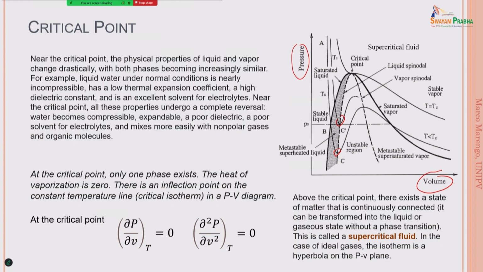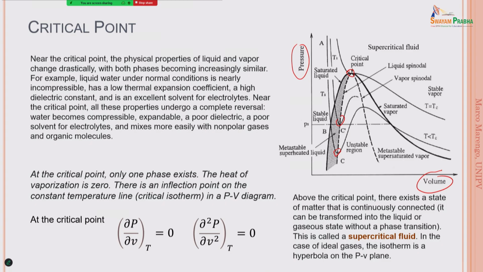At this point there is also an inflection point. You see that it's going to have a minimum, but at this point there is only an inflection, so the second derivative is 0. At the critical point, the partial derivative of the pressure with respect to the specific volume is equal to 0, but also the second derivative of the pressure with respect to the specific volume is 0.